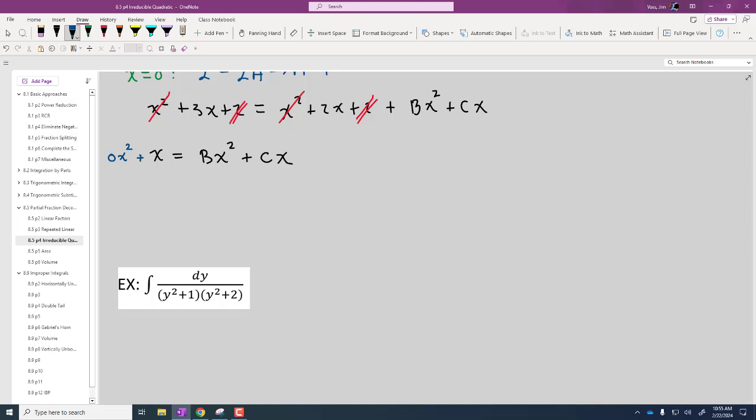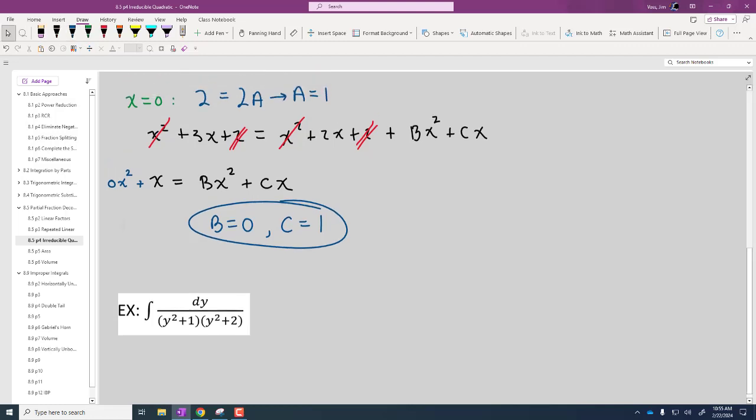Right? So the coefficient of x squared has to match. So this tells us that b equals 0 and c equals 1. So we've got both of those two right away. Coefficient of x is 1, coefficient of x squared is 0. So that is the hybrid model. That's a good example of using hybrid.